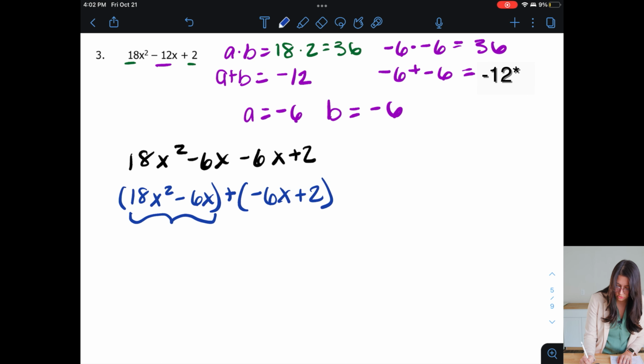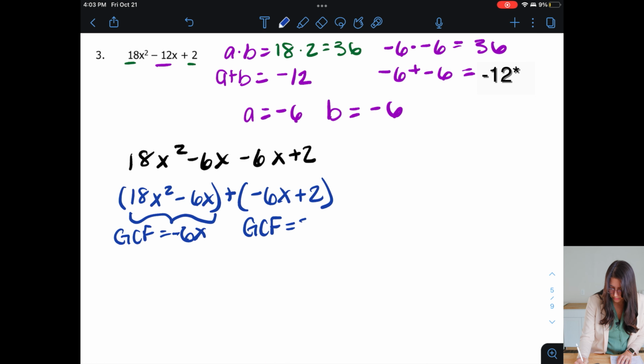What is the GCF of the first term? Negative 6x. And the GCF of the second term is 2. So factoring out that negative 6x, you are left with negative 3x plus 1.